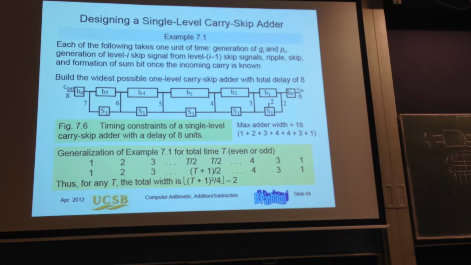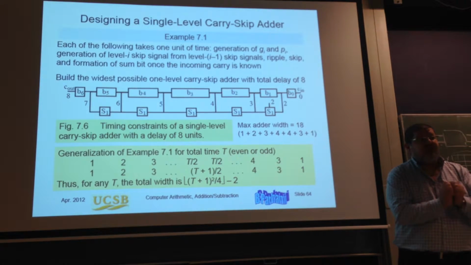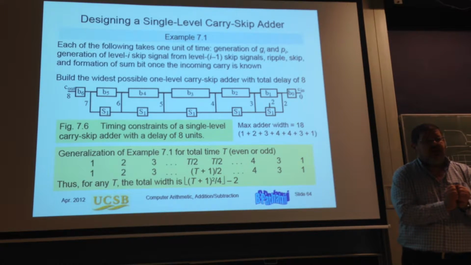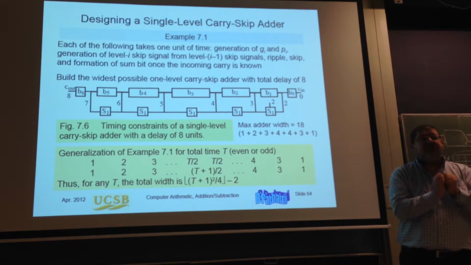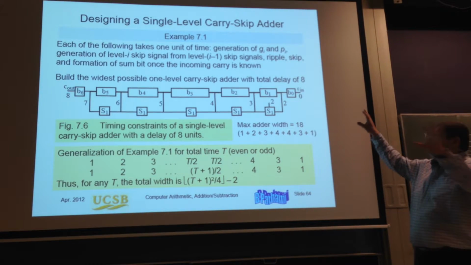Now, what I want is to see how many bits I can add with such a scheme in 8 time units, which means that I am distributing those in blocks.